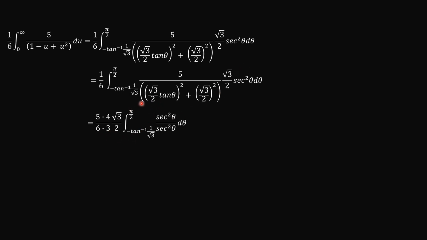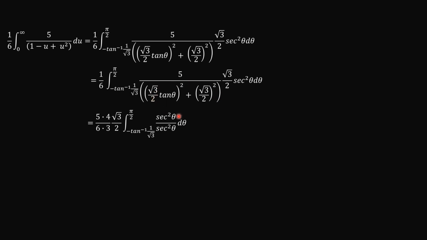Because this square part becomes 3 over 4, and since it's in the denominator, that becomes the reciprocal, we have 5 over 6 times 4 over 3 from the denominator here, and then this constant becomes root 3 over 2, times the integral from negative arctangent of 1 over root 3 to pi over 2.